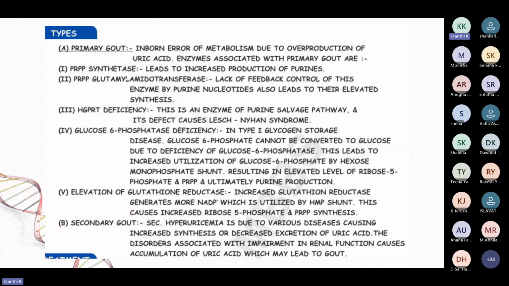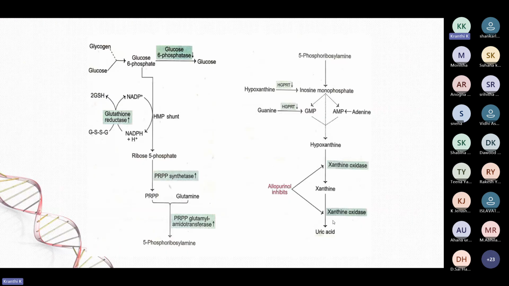enzyme deficiency: PRPP synthetase, PRPP glutamyl, okay, HGPRT deficiency, glucose 6 phosphate deficiency, elevation of glutathione reductase. Okay, see here, I made a diagram, but I think this is not that much required. It's more than enough for you. So glucose 6 phosphate. Okay, the problem is here with this enzyme.